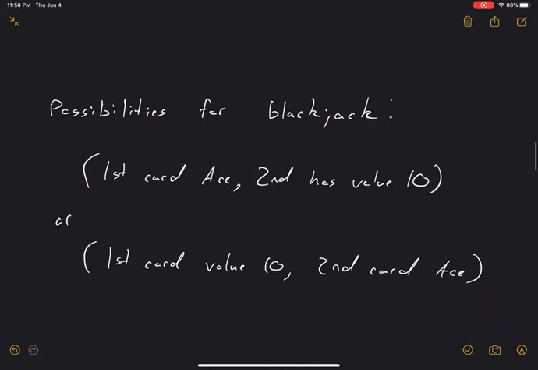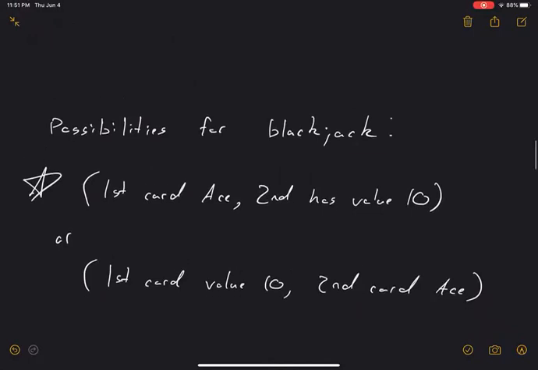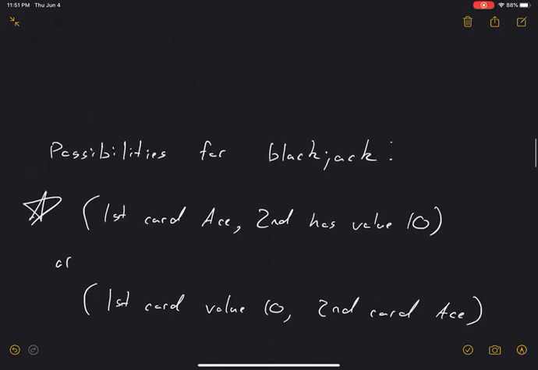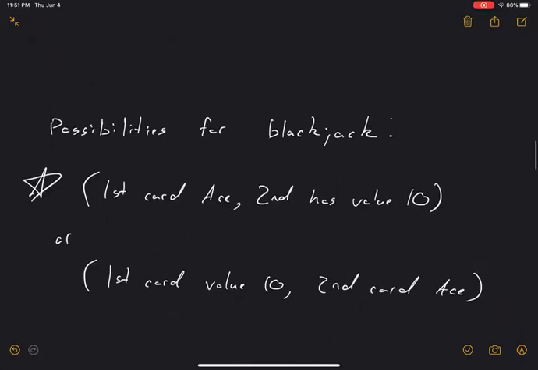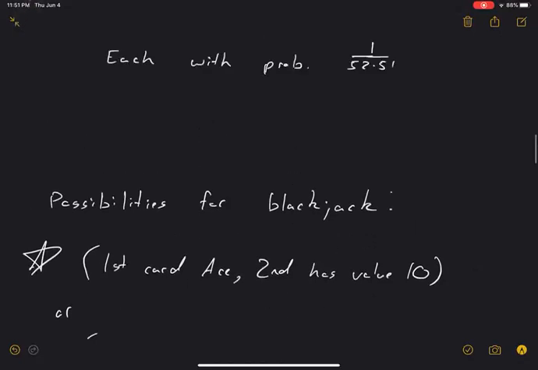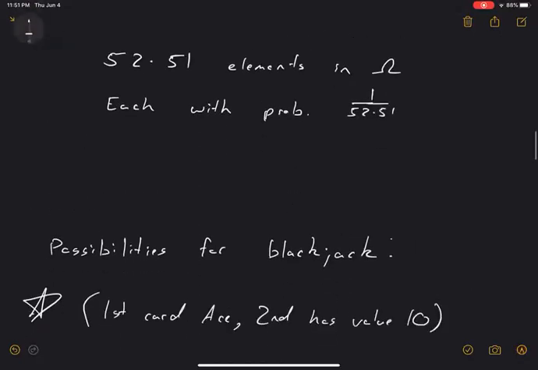So let's focus on this first. Let's find the probability, or really we're talking about the cardinality, right? So how many elements are in this set? We could say A is the set of combinations that give us blackjack with 2 cards.